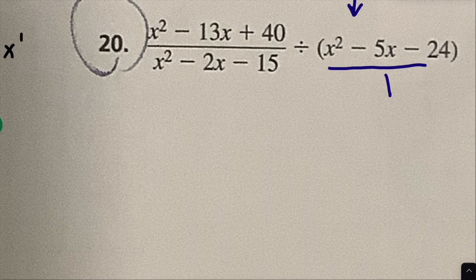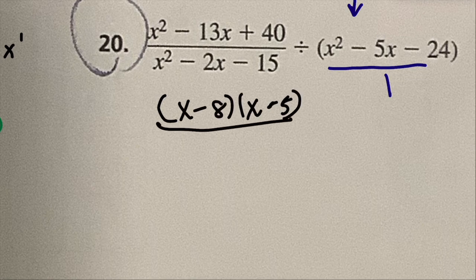Okay. So our left top and bottom aren't going to flip. They're just going to factor. So that's going to be x minus 8 and x minus 5. The factors of 40 that add up to 13: 8 and 5. Now, the bottom one has a minus in the back. That tells us we have to subtract to get the middle two things.